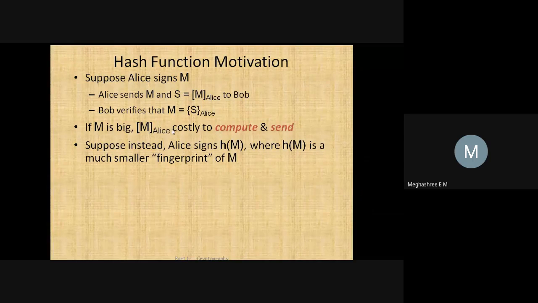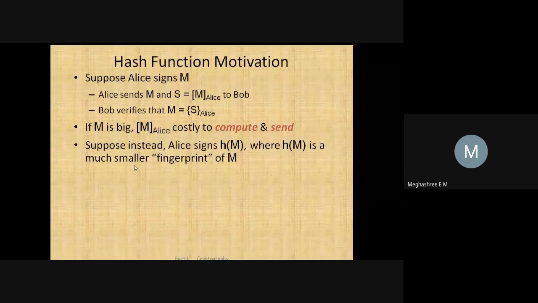To overcome this problem, the designers developed a new method, which you can call a hash function, where Alice signs the message using a hash function. The output of a hash function is smaller, you know that, right? The output of any hash function will be smaller compared to the length of the original message which you treat as input.